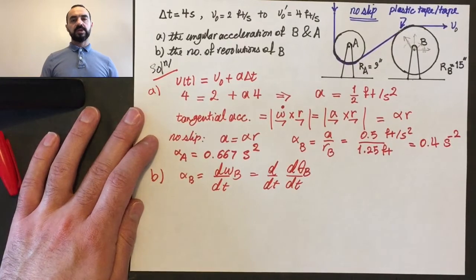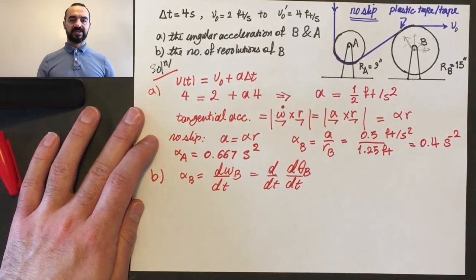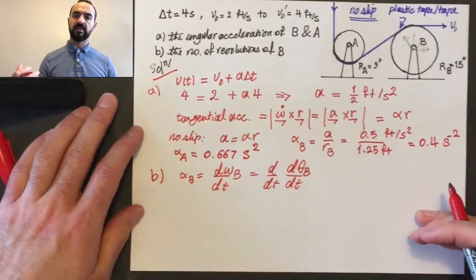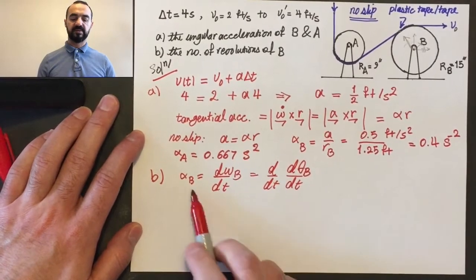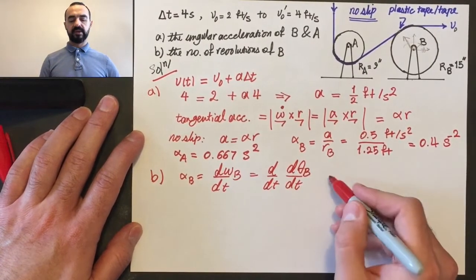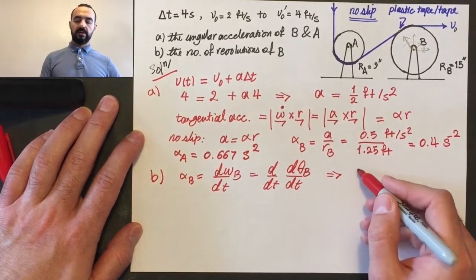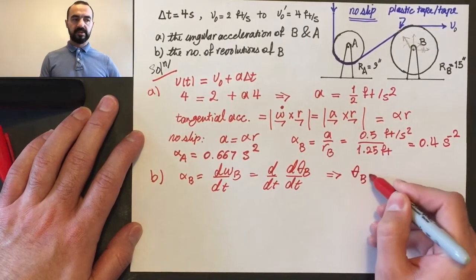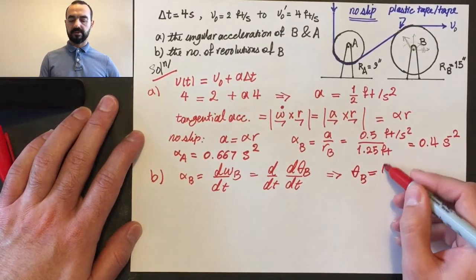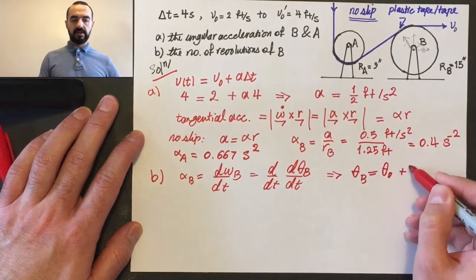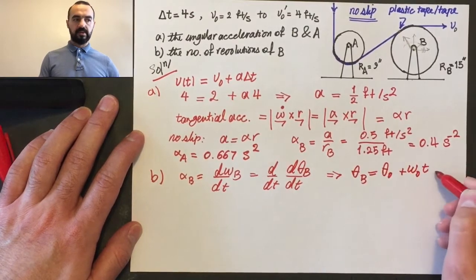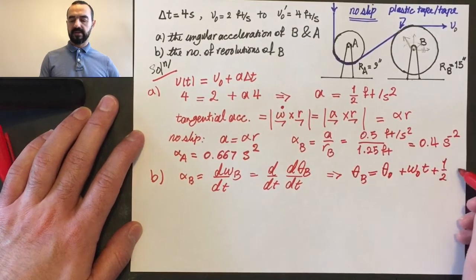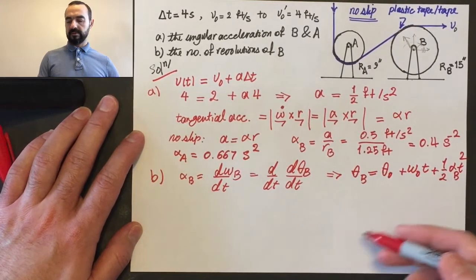Right? So just like the relationship between translational acceleration and displacement, we can simply integrate this equation 2 times and compute that. It is pretty straightforward, so I'm not going to go through the details. Theta B is theta 0 plus omega 0 t plus half alpha B t squared.